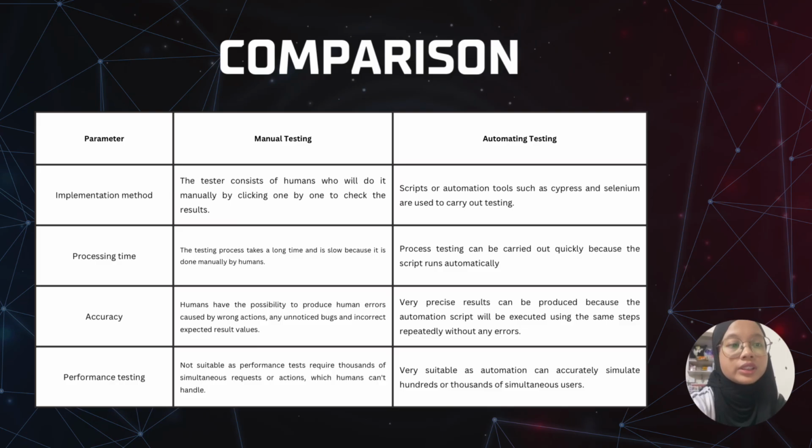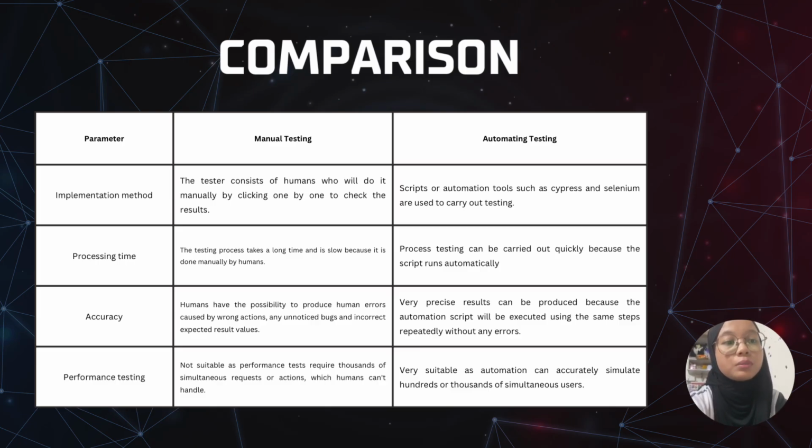And for accuracy, humans have the possibility to produce human error caused by wrong action, unnoticed and incorrect expected result values. And for automated testing, very precise results can be produced because the automation script will be executed using the same steps repeatedly without any errors.